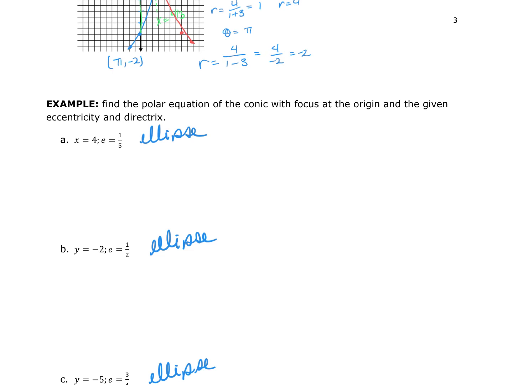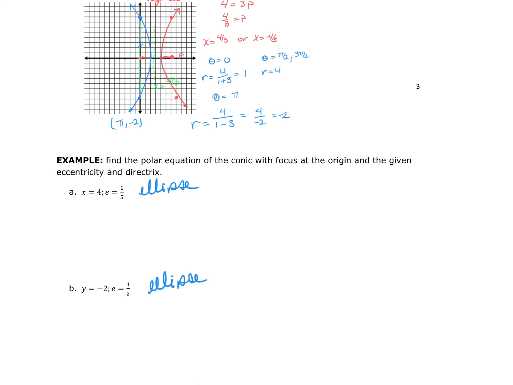And we're given this directrix. Now, we know from doing our graphing exercises up above that if x is equal to 4, this is my p value, p is equal to 4, and since it's on the right side of my focus, not on the left side, I must have r is equal to my p value multiplied by my e value over 1, and it's cosine.